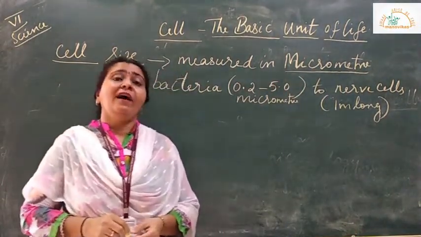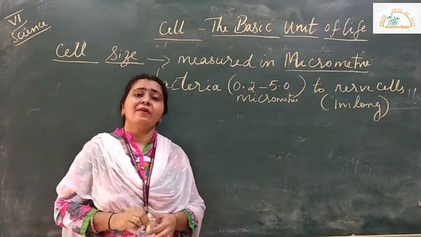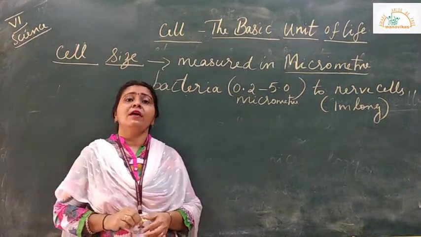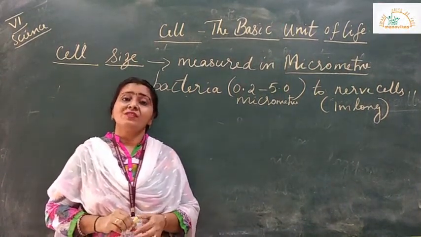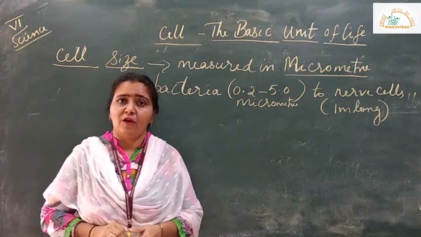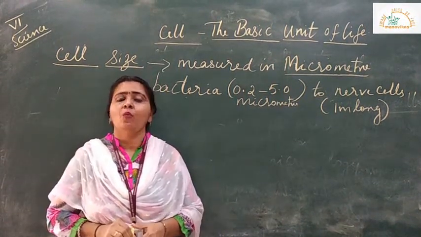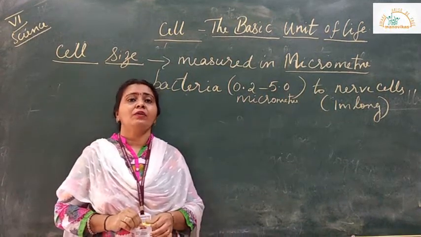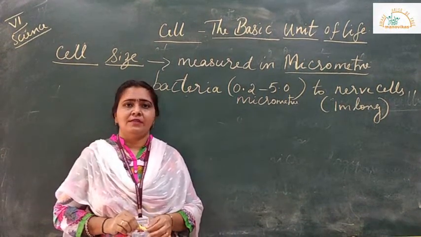And the largest cell found in nature is the egg of ostrich, which is about 15 centimeter long and 13 centimeter wide. So this is about the size of a cell.